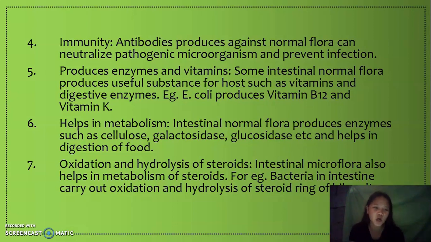And then the last one, oxidation and hydrolysis of steroids. Intestinal microflora also helps in metabolism of steroids. For example, bacteria in the intestine carry out oxidation and hydrolysis of the steroid ring.